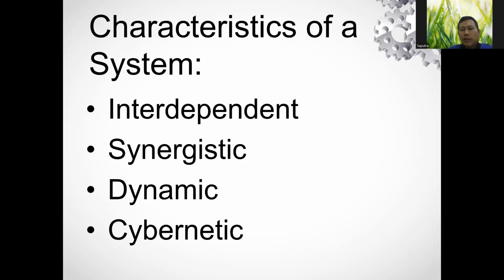And then we talk about the characteristics of a system. The first is that it should be independent, and then synergistic, then dynamic, and then cybernetic. As we know, our government is concerned about the independence of instruction itself.